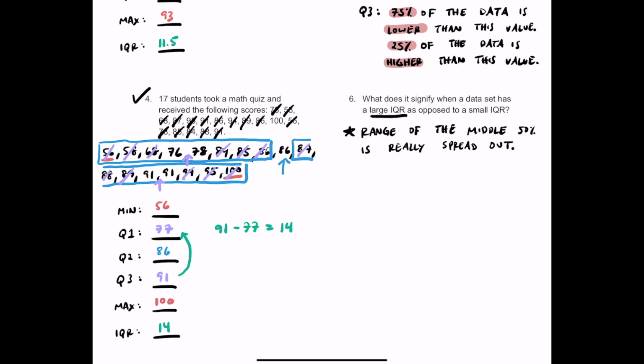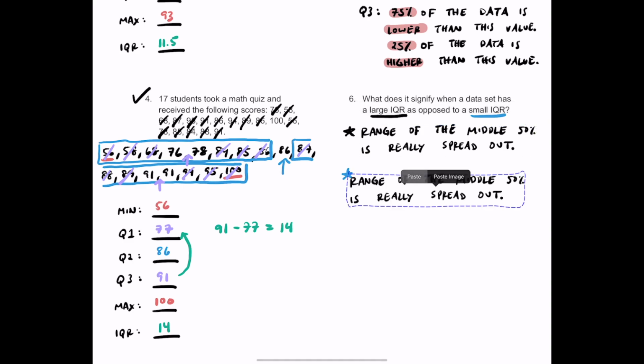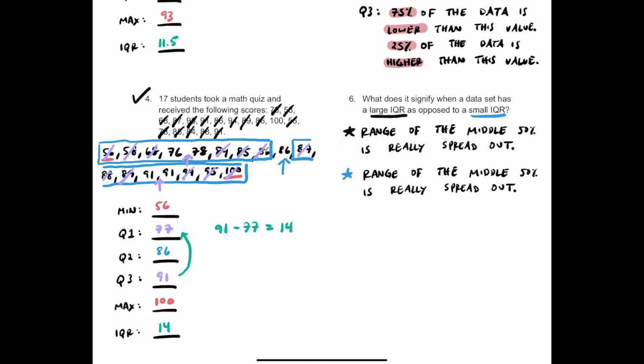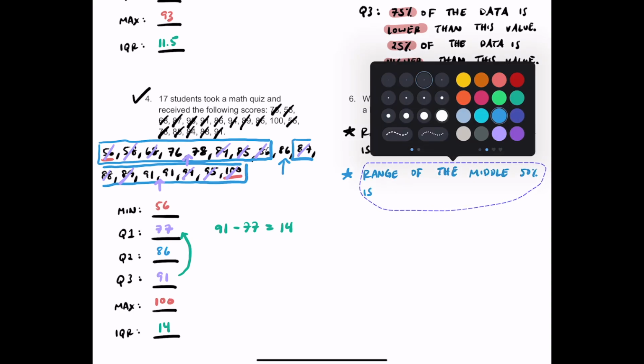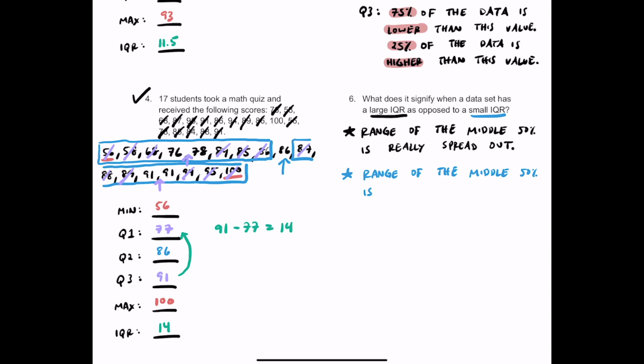Now, what if you had a small IQR? This is the range of the middle 50%. If it's really small, the range is really close together, or you can say concentrated or something like that.